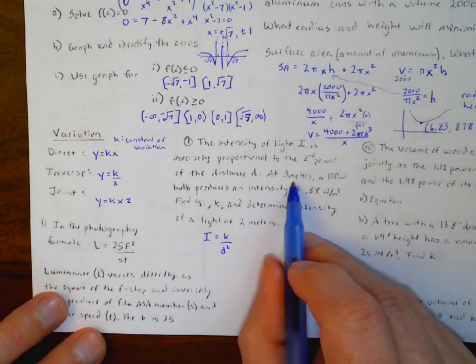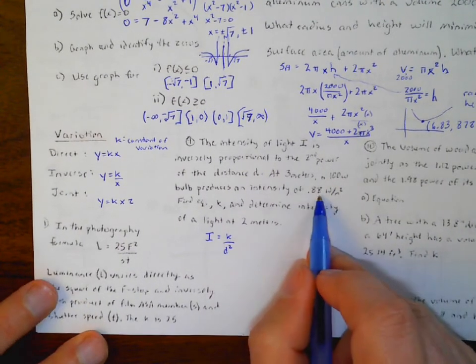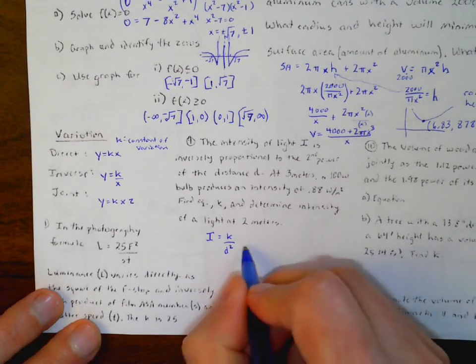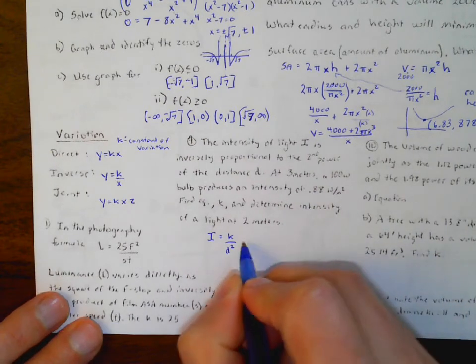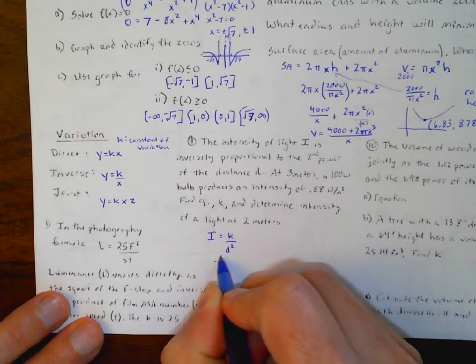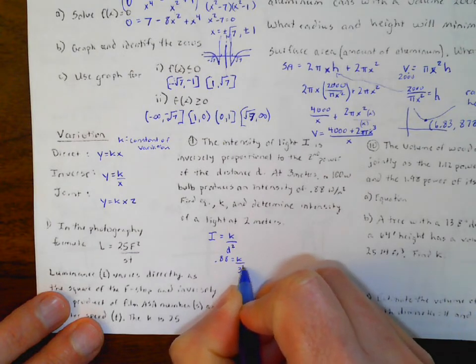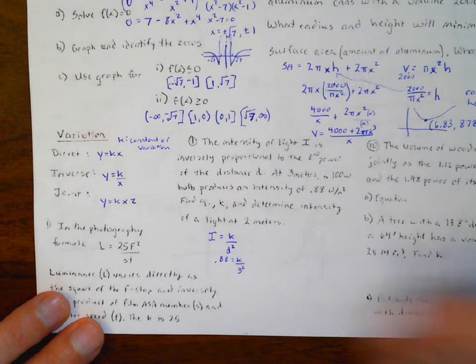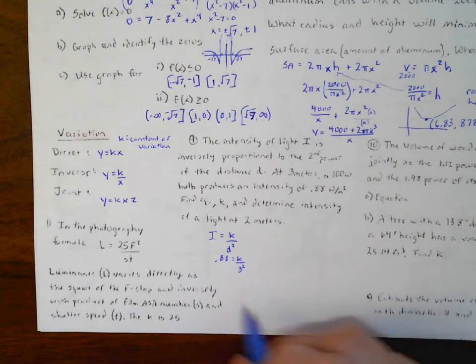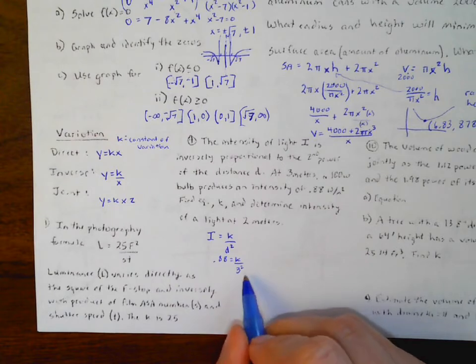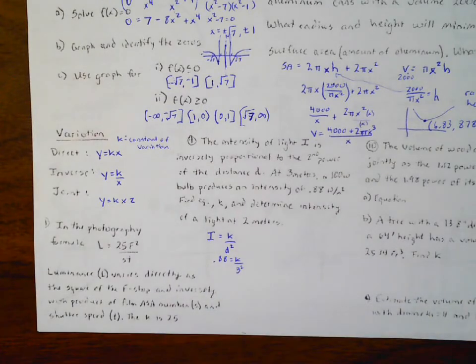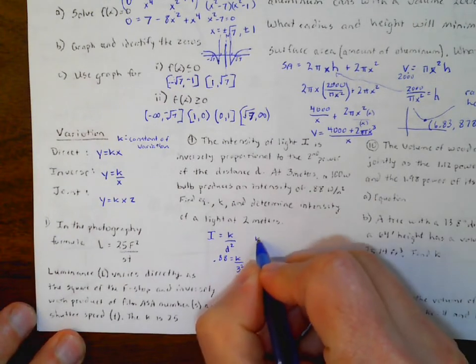So 3 meters has an intensity of 0.88. So we're going to take those numbers and put them in here. So the intensity is 0.88 when our distance is 3. Okay, so now I can solve for that k. 3 squared is 9, and if I multiply both sides by 9, I get a k is 7.92.